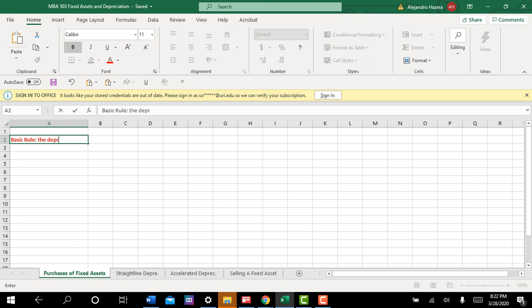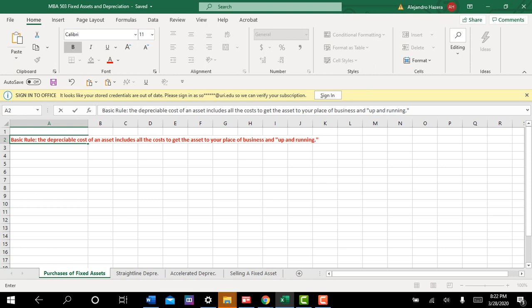So here's the basic rule. The depreciable cost of an asset includes all the costs to get the asset to your place of business and up and running.